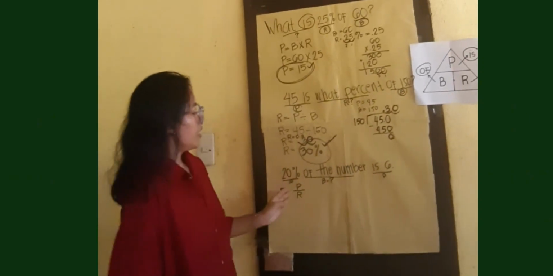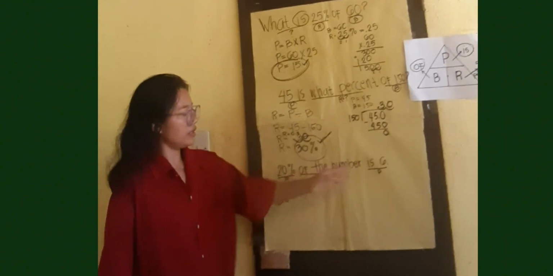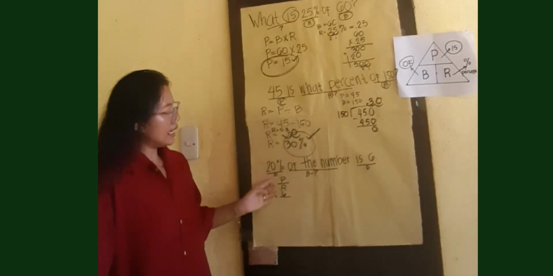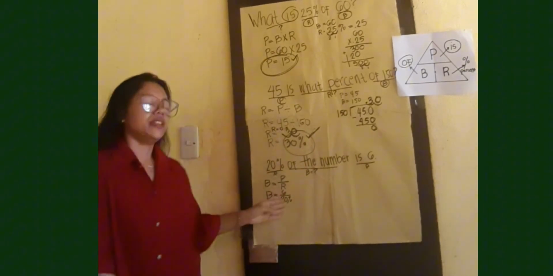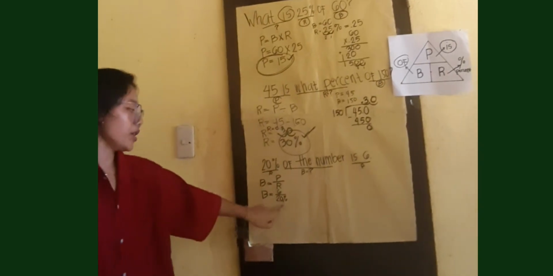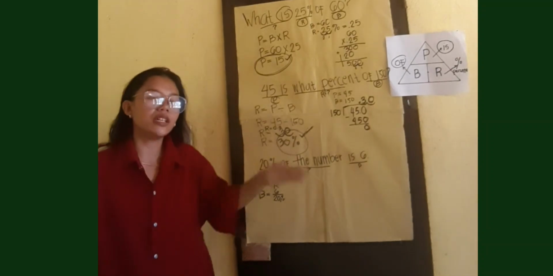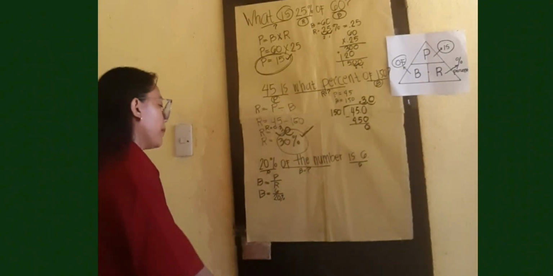Okay. So, since given na ang atong percentage ug ang atong rate, so let's copy. So, B equals, our percentage is 6 divided by 20%. So, maka-divide ba ta ni a number? So, dili no, kay naay percent sign. So, ang kaning 20%, ato siyang i-convert into decimal number.